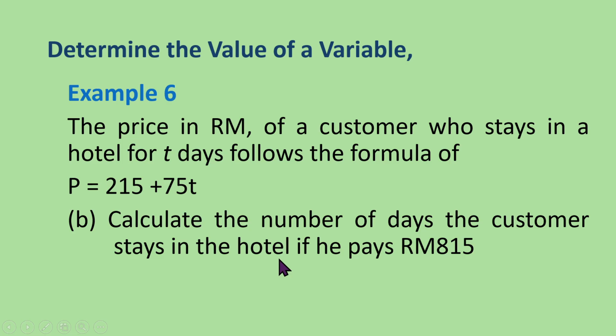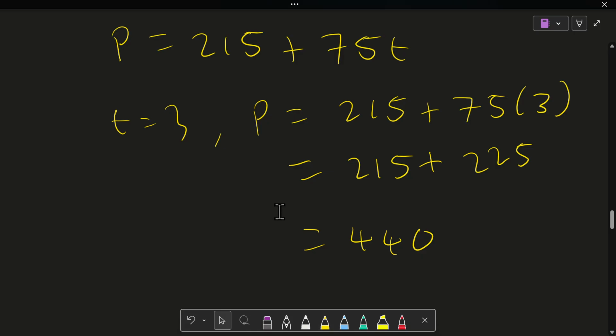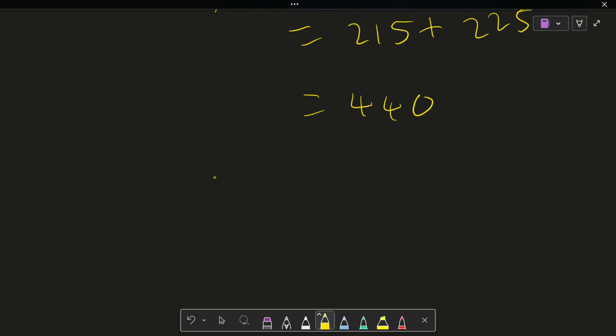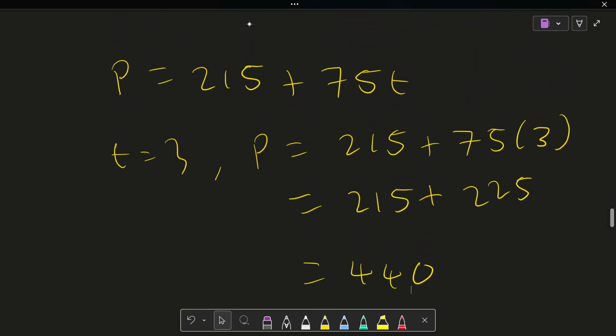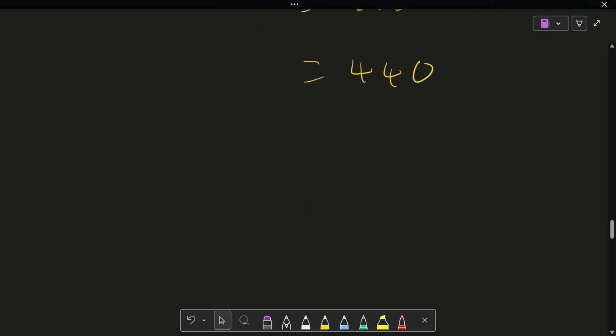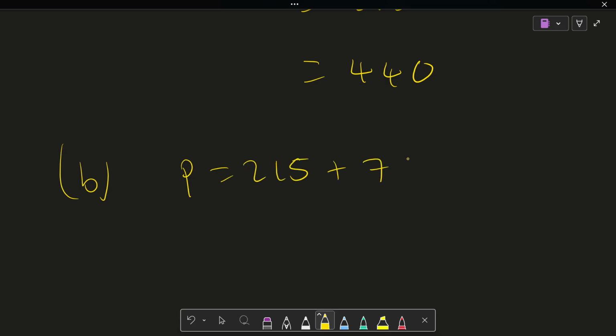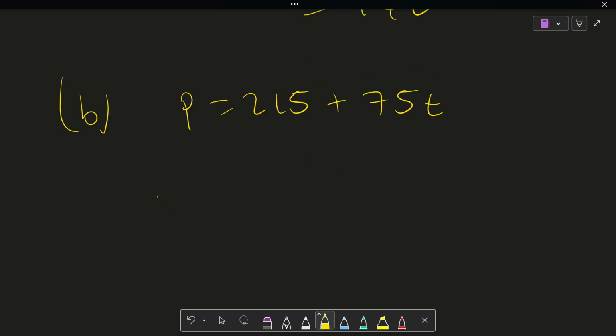Calculate the number of days the customer stays in the hotel if he pays 815. So in this case, this is part A. Part B says P equals 215 plus 75T. So here P equals 815.